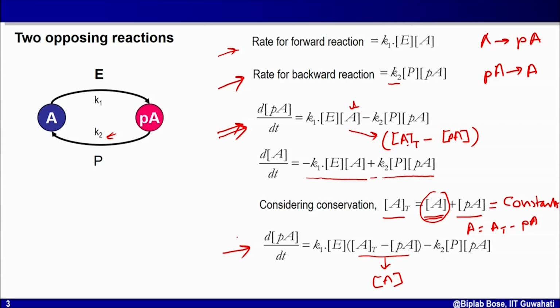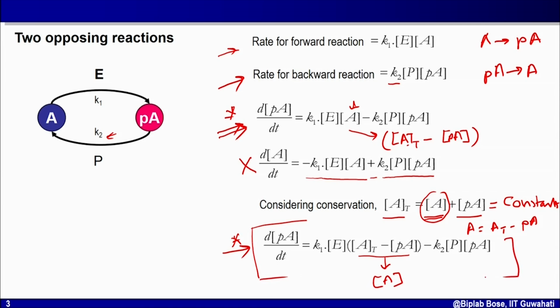I am getting this ODE from this one. And as A is now represented in terms of PA and AT is constant, I don't require this dA/dt ODE. So my whole system is represented by only this ODE.